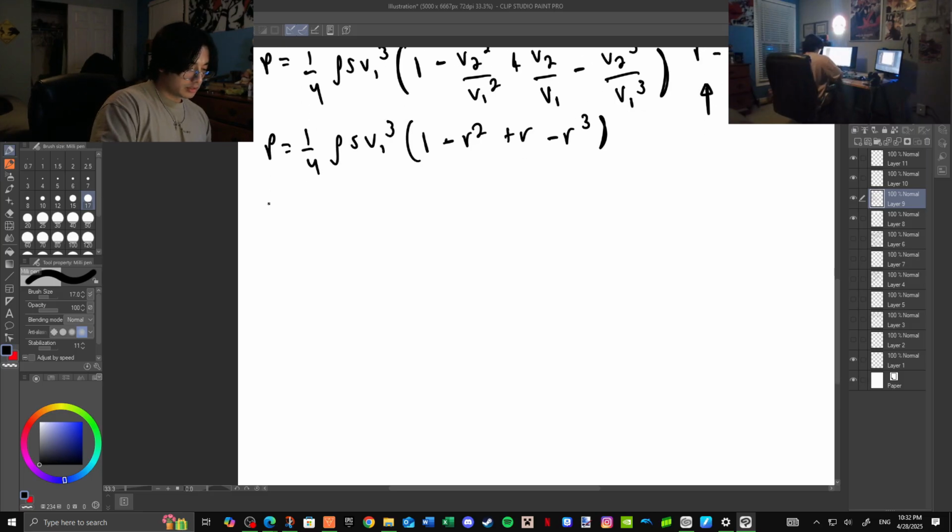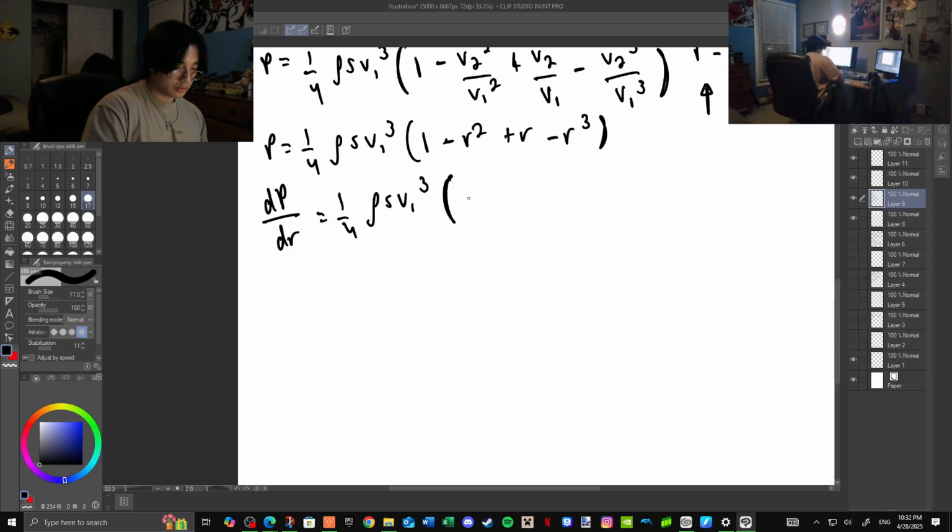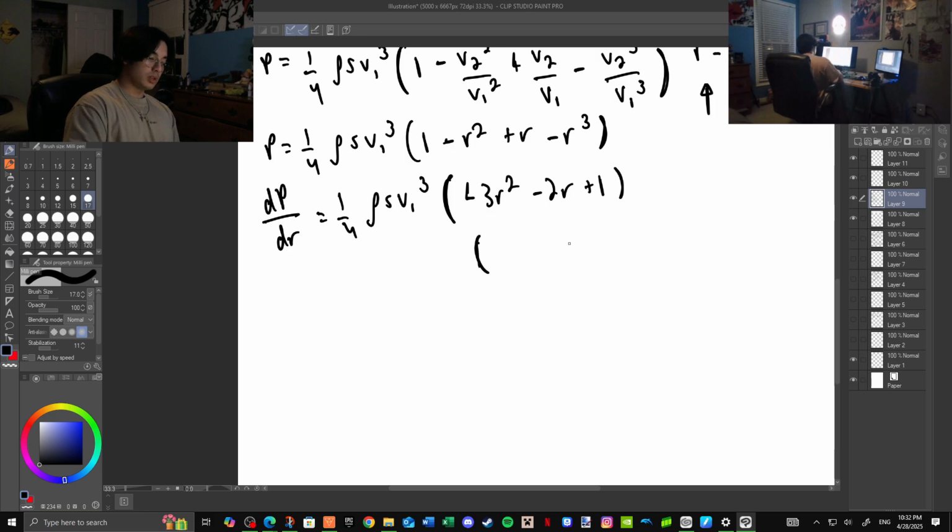So what we can do next is take the derivative of the power with respect to R. The constants stay the same, and then inside the parentheses we're left with negative 3R squared minus 2R plus 1. And here we just need to complete the square.